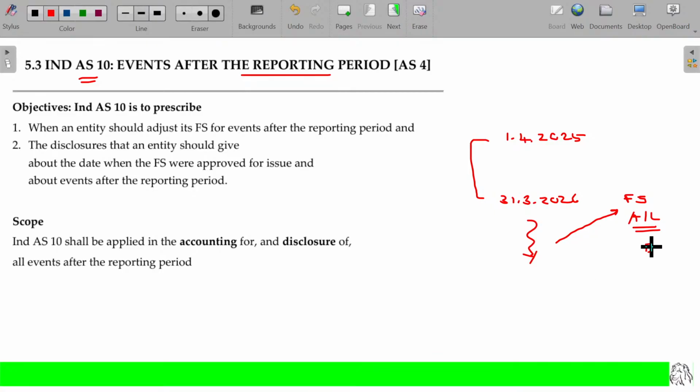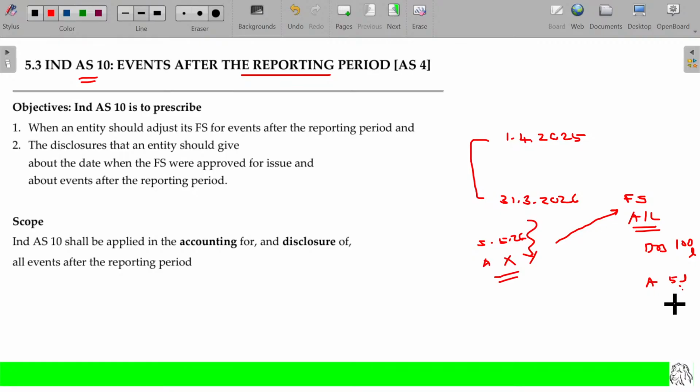For example, I have debtors amount collectible of rupees 100 lakhs. In that, the amount recoverable from A is 5 lakhs. On 5th May 26, we came to know that A became insolvent. So definitely it is not possible that this amount is recoverable. Can I make a provision on this or not is a question mark.